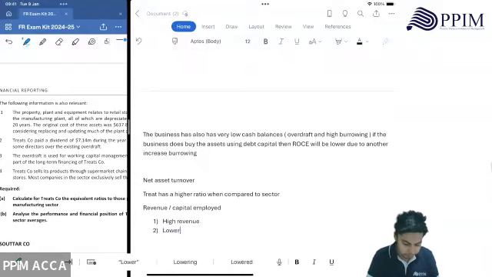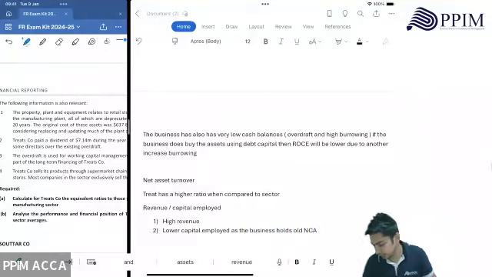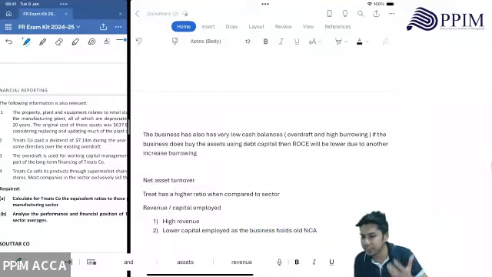Or a lower capital employed as the business holds old non-current assets. So though the ratio is better than the sector, it's not actually a good thing. It's like a manipulated figure, because we have old non-current assets.